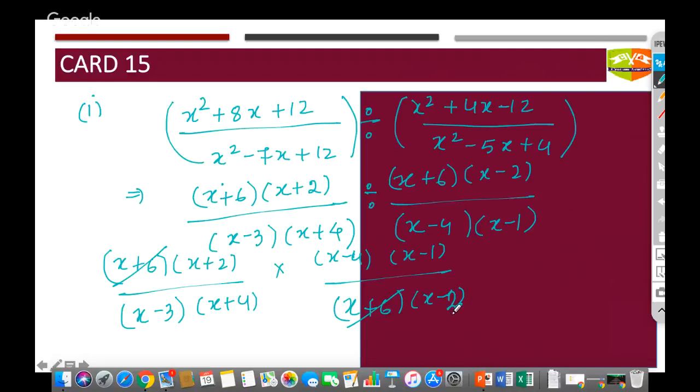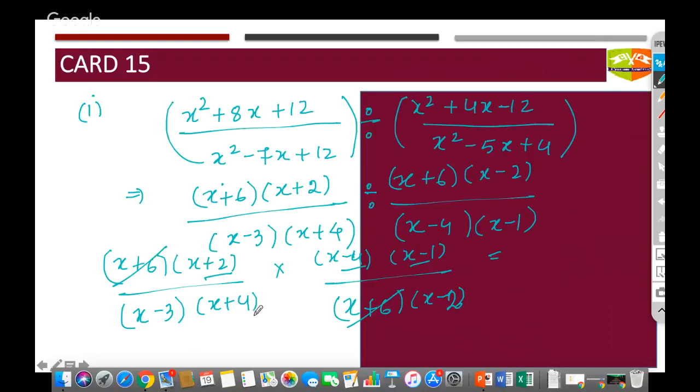Now what happens is, in the numerator I'll get x plus 2 x minus 4 x minus 1. Is there anything else canceling out?